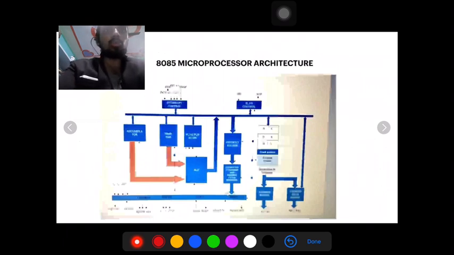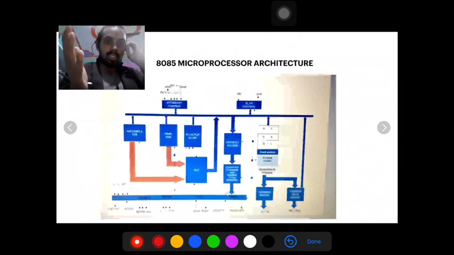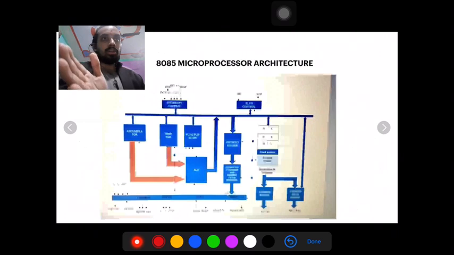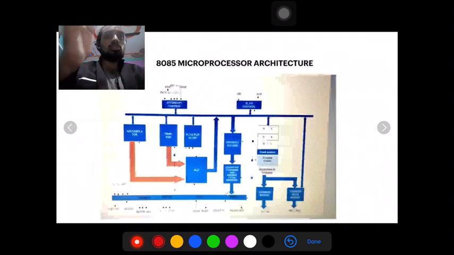There is also a timing and control unit which controls your input and output, that means it controls the flow of data as required. So it takes information, does its addition, subtraction or whatever calculation, processes it and gives you an output. This is how a microprocessor works. This is what you see on the screen right now, and I'm going to talk about all of this in the next slides.